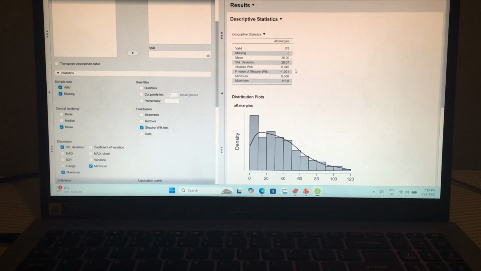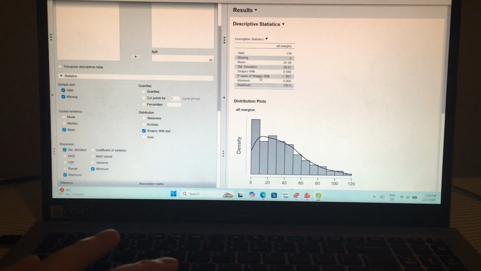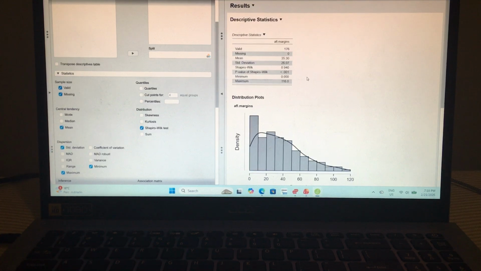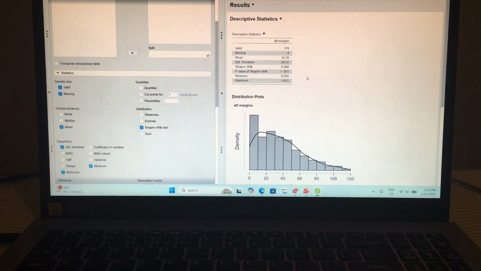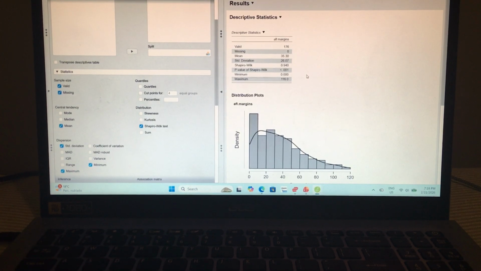That matches what's on page 29, and the p-value of our Shapiro-Wilk test is less than 0.001. That matches as well. Because this p-value is less than the standard 0.05 alpha level, we will reject our null hypothesis. A statistically significant Shapiro-Wilk test does tell us that there is evidence that the population from which our sample was randomly drawn was probably not normally distributed.